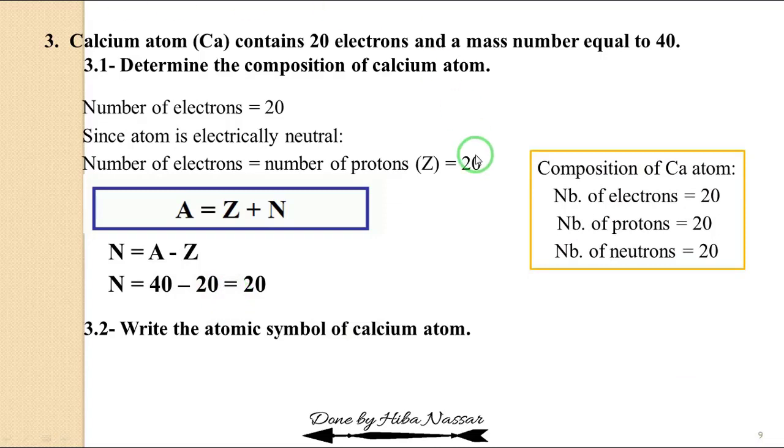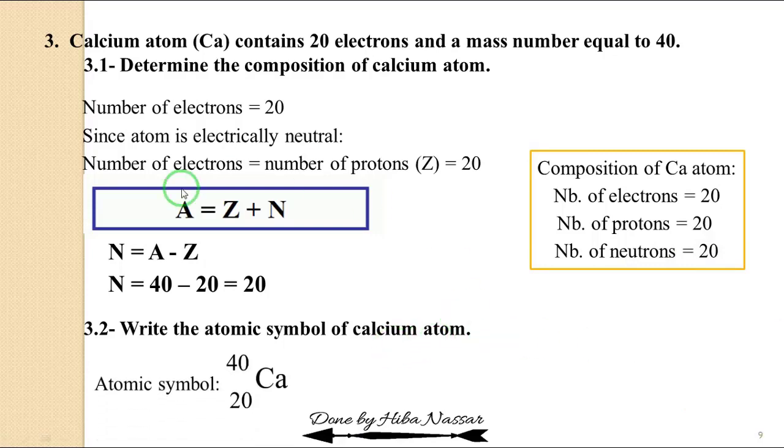So the composition of calcium atom will be 20 electrons, 20 protons, and 20 neutrons in this case. Now 3.2, write the atomic symbol of calcium atom.